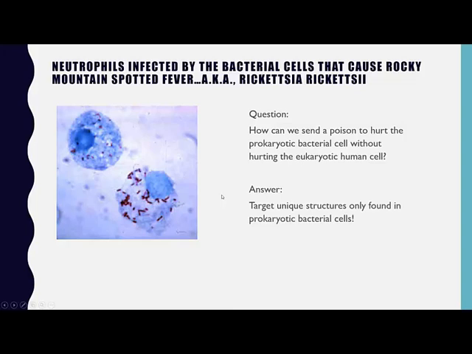Answer: again, target unique structures only found in prokaryotic bacteria. Only their cells have them. What would those be again? Well, PBPs that make peptidoglycan cell walls, the special bacterial gyrase enzyme, and the special 70S ribosome, right?